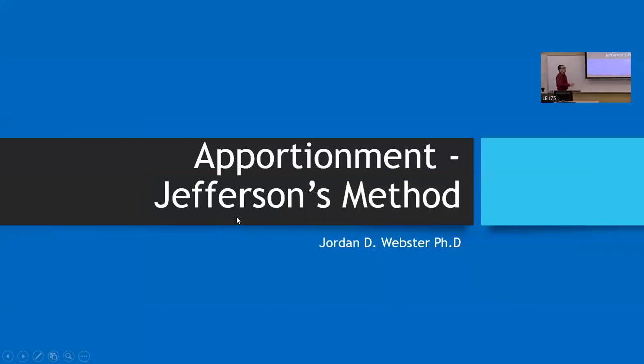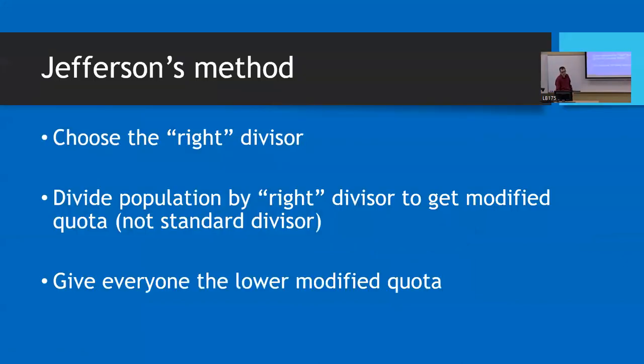So where we left off last time was Jefferson's method. And remember, Jefferson's method hinges on finding the right divisor. The right divisor is the one that's going to make it work out in the end, where the lower modified quota ends up being the exact number of representatives that we want.